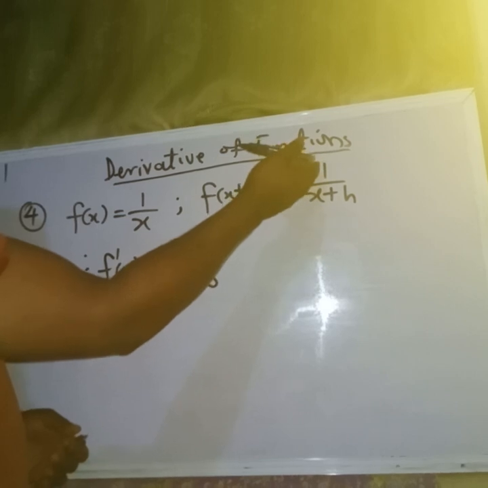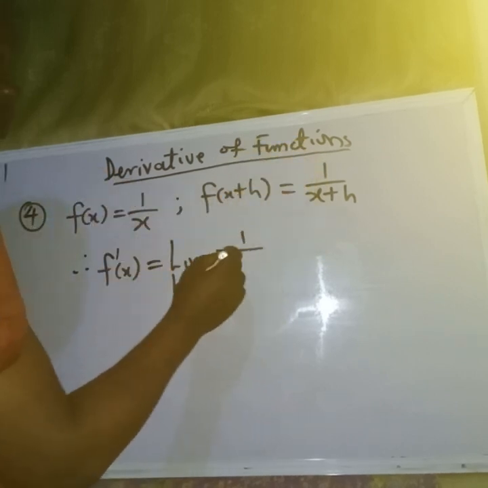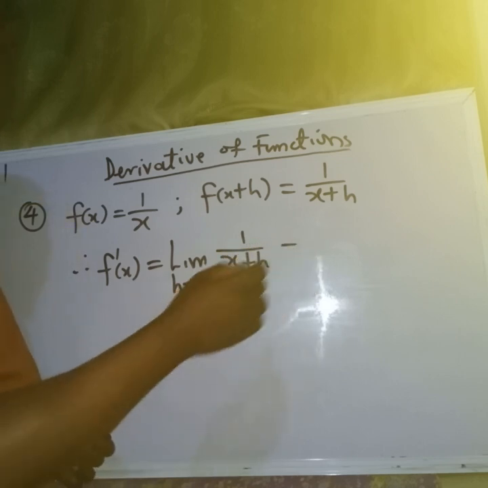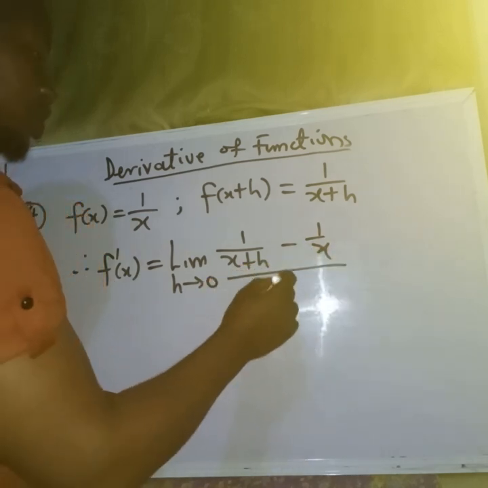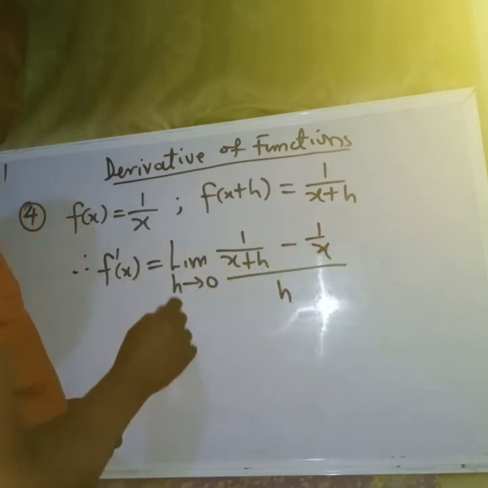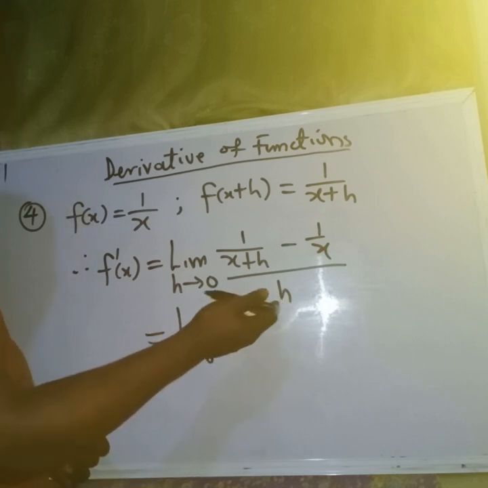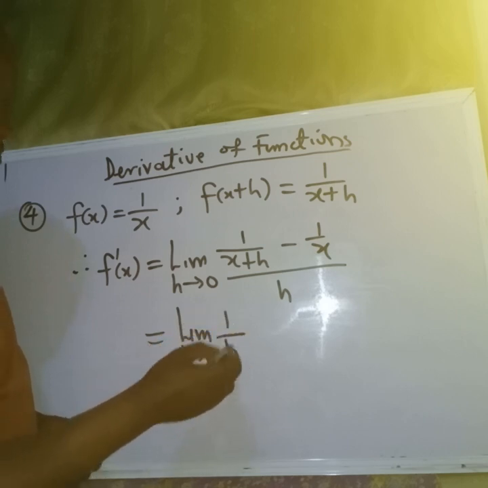Accordingly, this term minus this term: 1 over x plus h minus 1 over x, everything divided by h. Again, we are bringing the denominator out so that this becomes this.